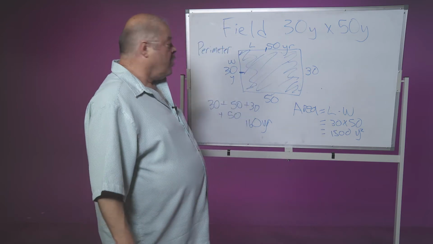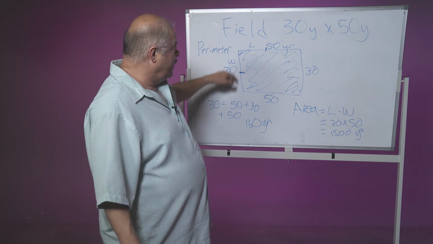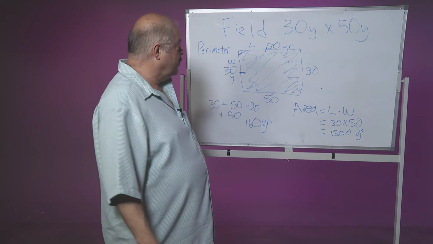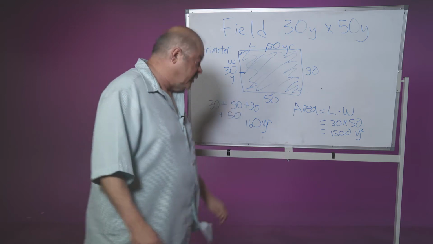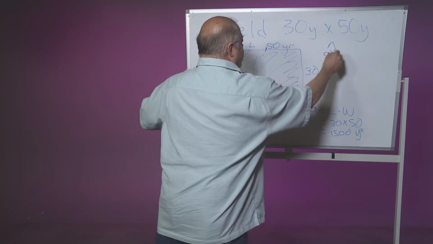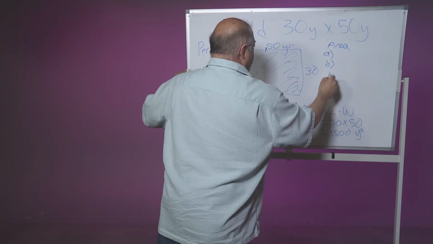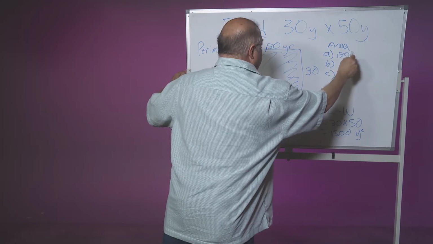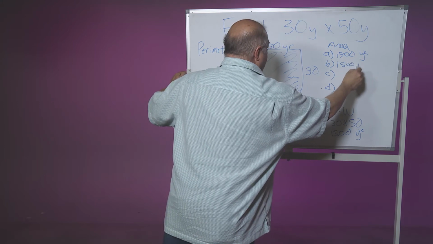And so this is the concept of calculating the perimeter and the area. Now, what's also important to note, as I said before, is that sometimes they'll give you answers, but with the wrong units. The answer might say 1,500 square yards. Or it may say 1,500 yards.